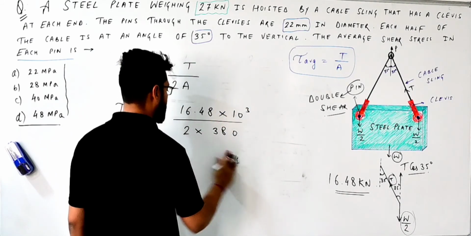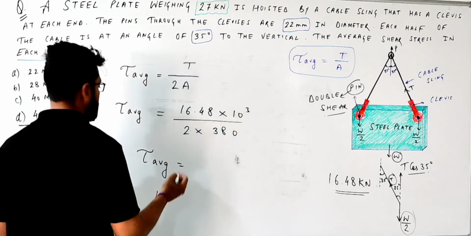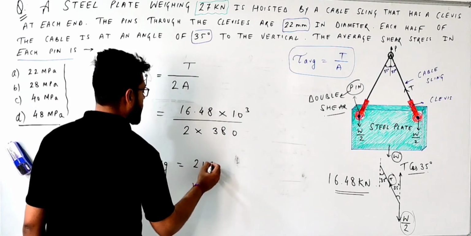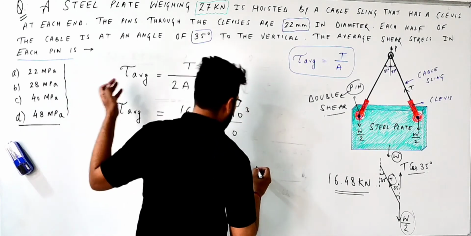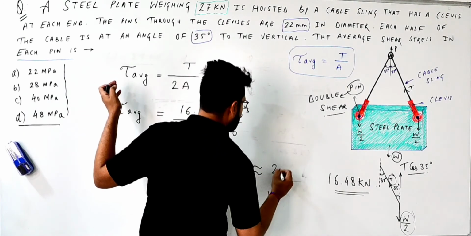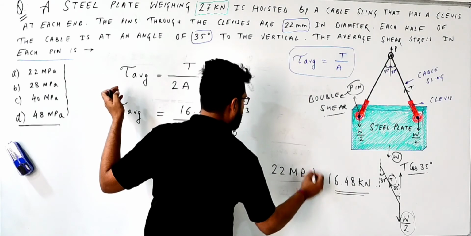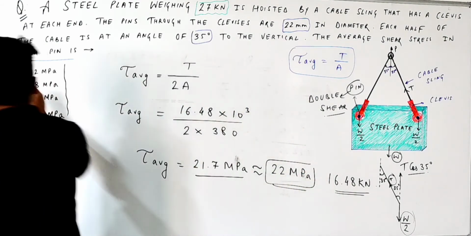So we are getting 21.7 megapascal. They were asking approximately, that is 22 megapascal is the answer. Okay students, option A is the answer.